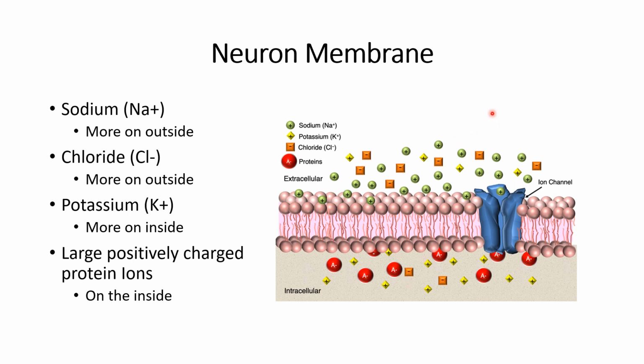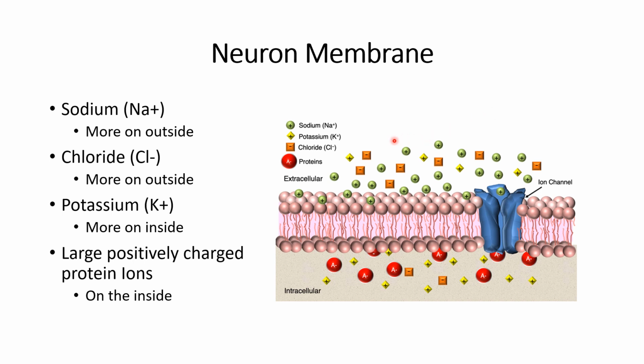Kind of think of the cell as a tentacly water balloon. That's the way you can think of a neuron, where it has liquid on the inside. There's also liquid on the outside, but there are differences in the charges and with the different types of ions on the inside and outside.